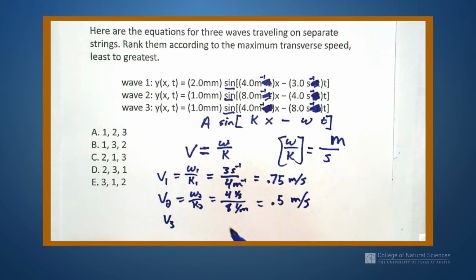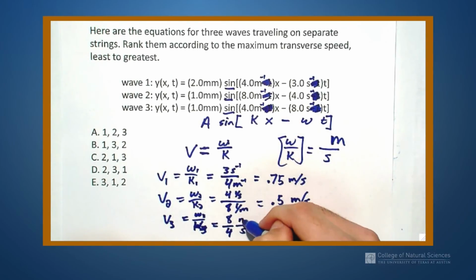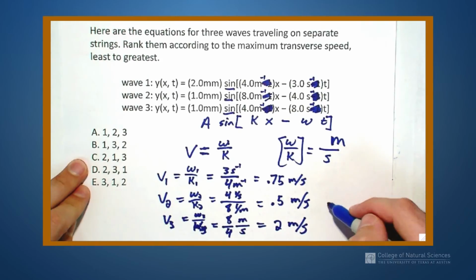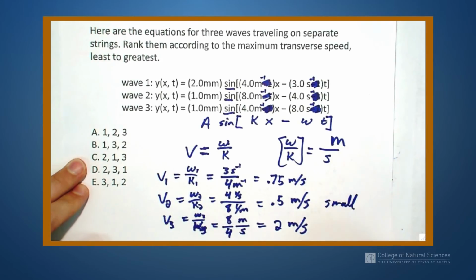And V3, my last one, again omega 3 over k3, is equal to 8 inverse seconds divided by 4 inverse meters. So this is 2 meters per second. So I can see wave 2 is my smallest, and wave 3 is my largest.